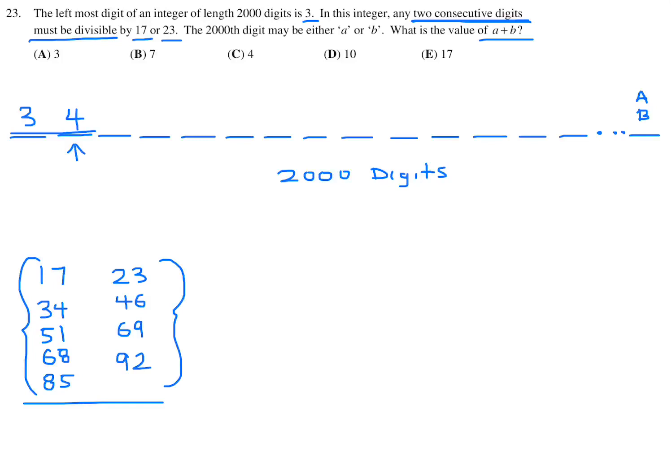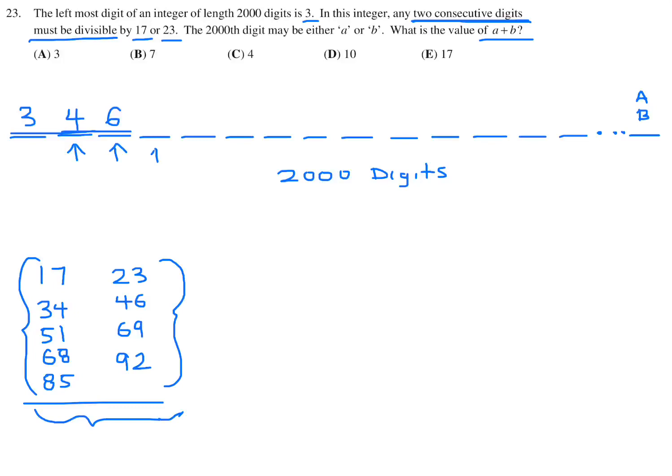Now let's go to the next one. I've got to put a number here, and if I do, this number has to be divisible by one of these 8 numbers. Well, the first digit is a 4, so the only one that starts with a 4 is 46. So I've got to put a 6 here. Okay, so I hope you understand how this is going.